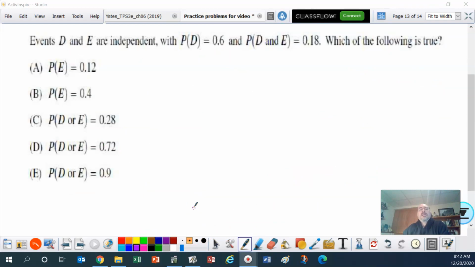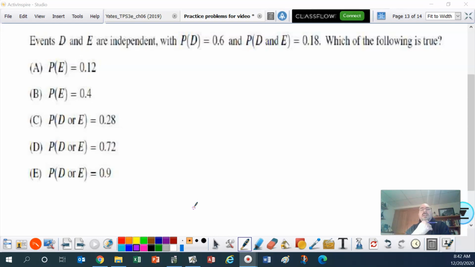So events D and E are independent, okay? So one will not influence the other. So I'm thinking, all right, independent. The probability of D is 0.6, the probability of D and E is 0.18. Which of the following is true?